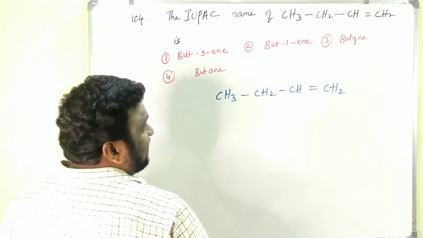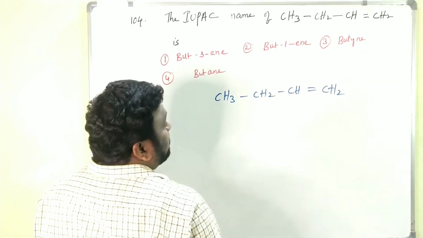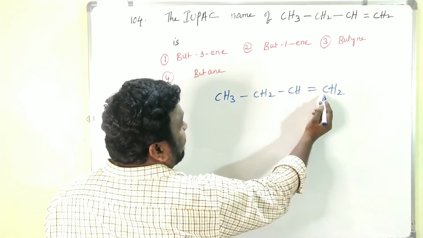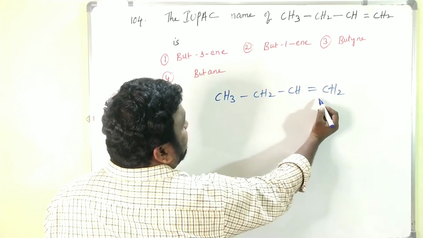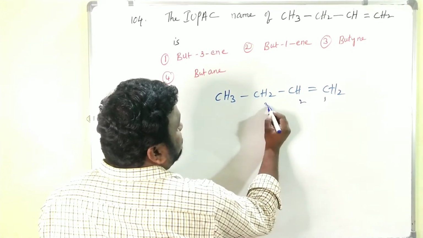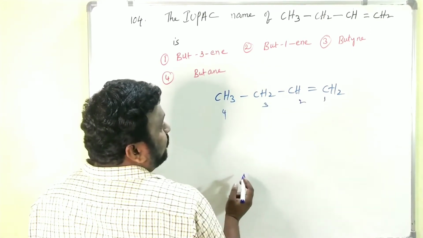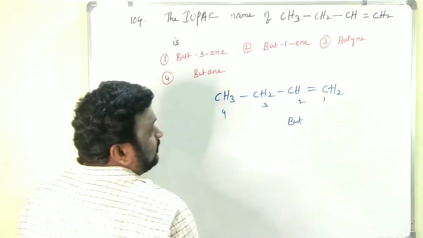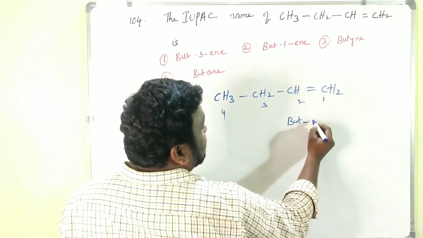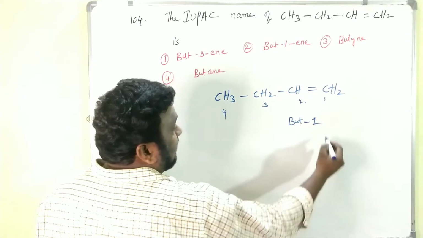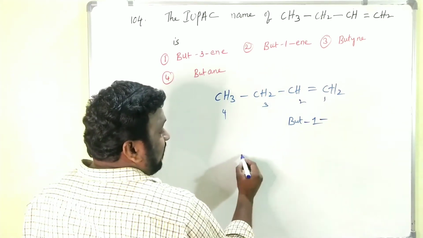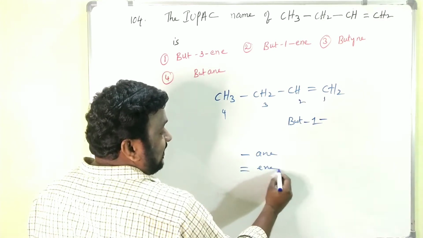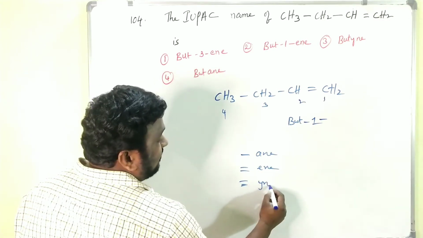First we have to use the numbers. First carbon: where the single bond is there, we have to start. So simply here 1, 2, 3, 4. How many carbons are there? 4 carbons. That's why we say but. Where the double bond is, it is at 1. And already we know that when we have a single bond we say ane, double bond ene, triple bond yne.